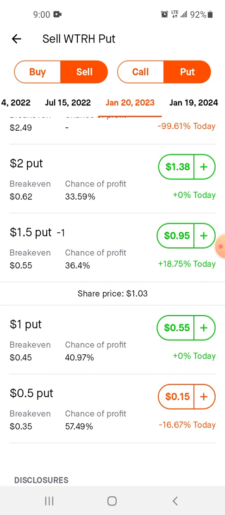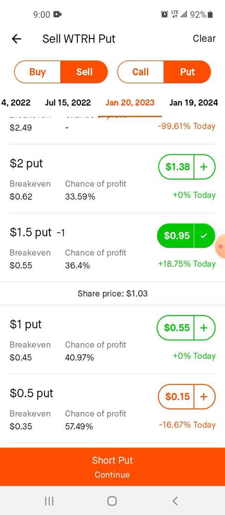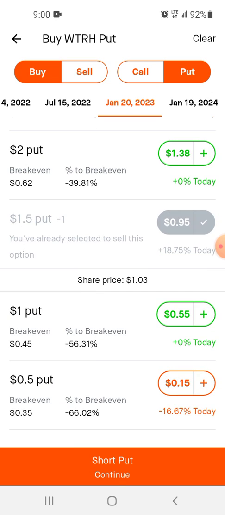So I'm selling this 1.5 put, right? I click the plus, and I could just sell it like that and use $150 for collateral. But if I only want to use $50 collateral, I sell the one below it, because it's a 50 cent or $50 difference there.